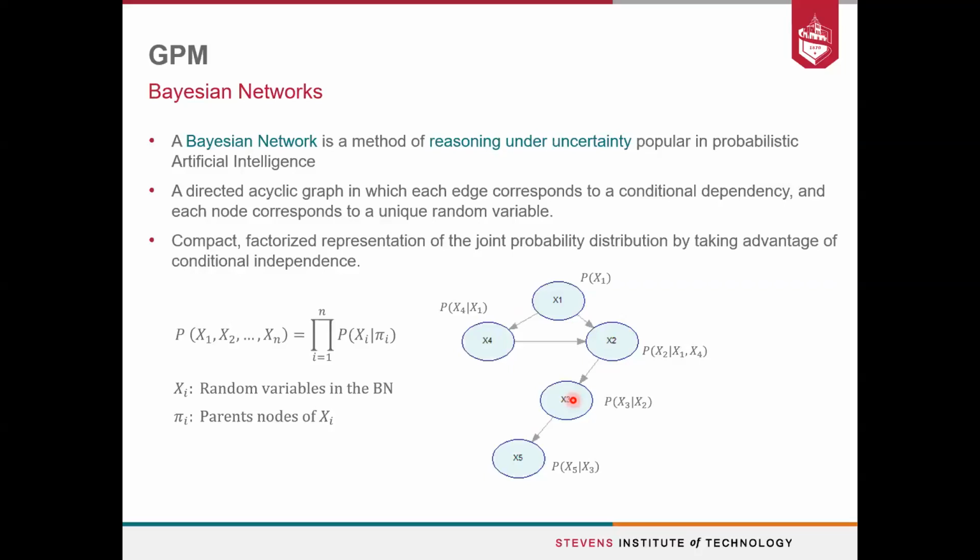Basically, a Bayesian network represents a joint probability between a set of variables in a compact and factorized way. It takes advantage that not all of those variables depend on each other. And what you have here is basically the mathematical representation of the graphical representation of a Bayesian network.